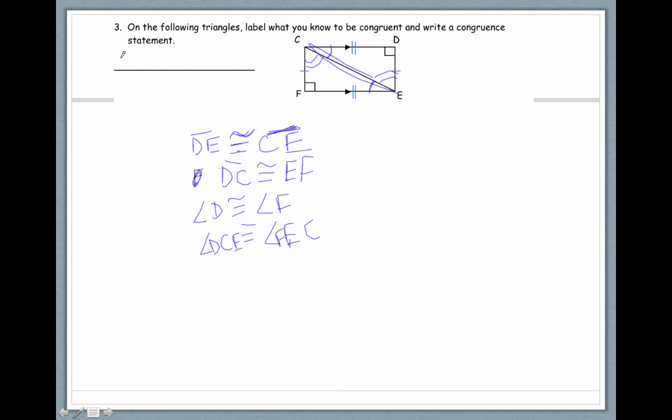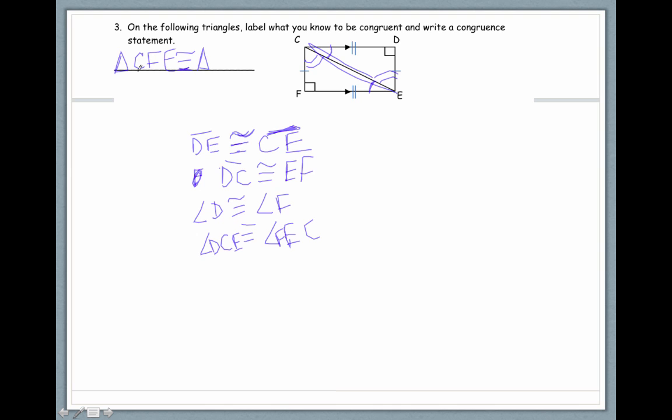So basically, the triangles have all the same sides and all the same angles, so I can say CFE is congruent to, and I have to make sure I get it in the right order. FEC was part of this one.